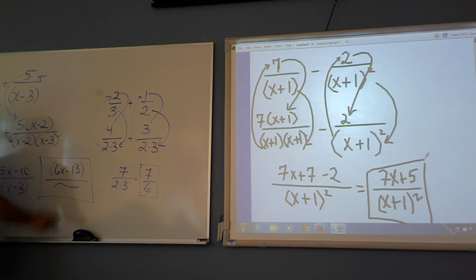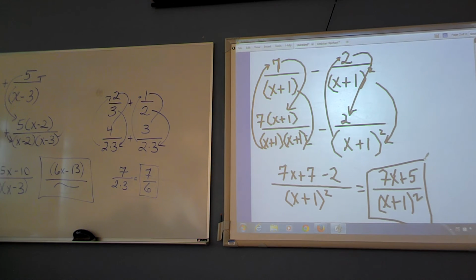And when I make that squiggly line, that's a Hubertism. That means all this. I don't like writing over and over and over, I'm sorry. So you need to write 6x minus 13 over x minus 2 times x minus 3. That's the final answer.